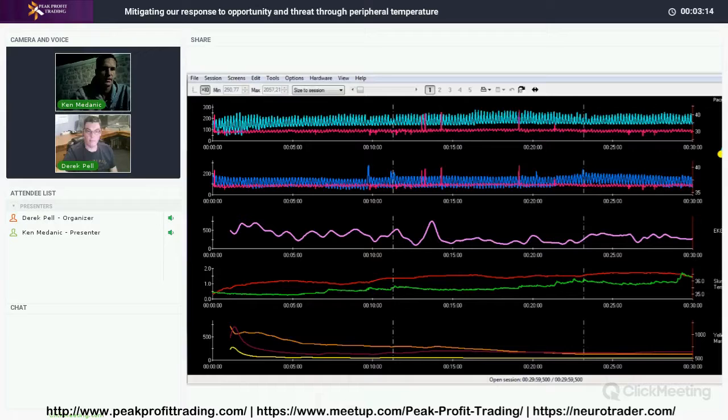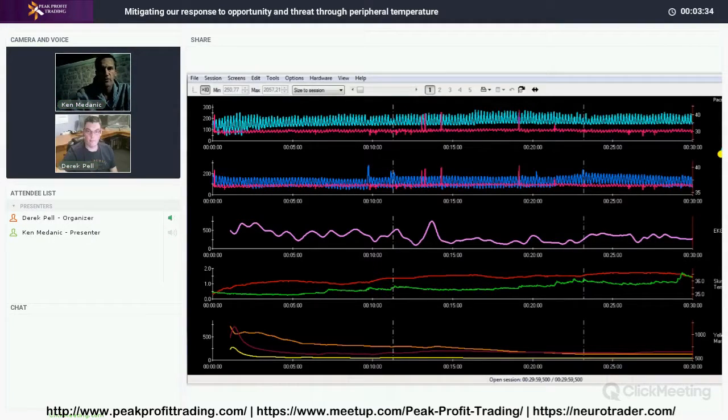And you're going to very quickly see in these three slides how temperature changes with the onset of moving into a fearful environment and a losing trade, as opposed to what temperature does in a winning trade.